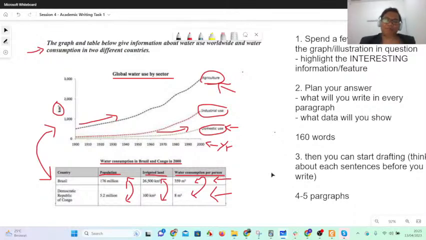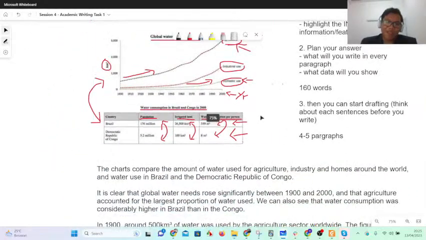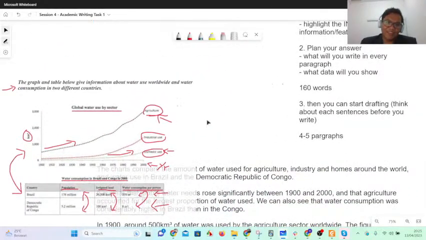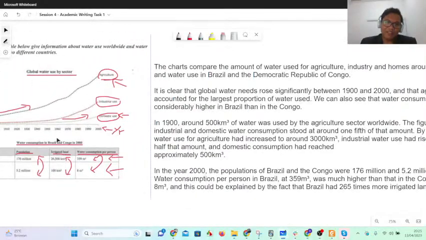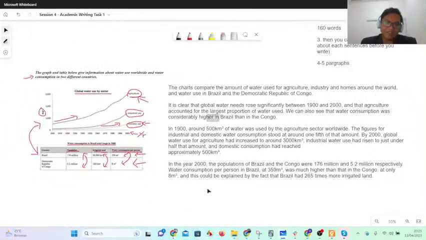Okay. Now, to show you, the easiest way is to show you how an answer looks for this chart. I've already written the answer here at the bottom, so that's what we're going to take a look at. I'm going to put it on the side so that we can see.